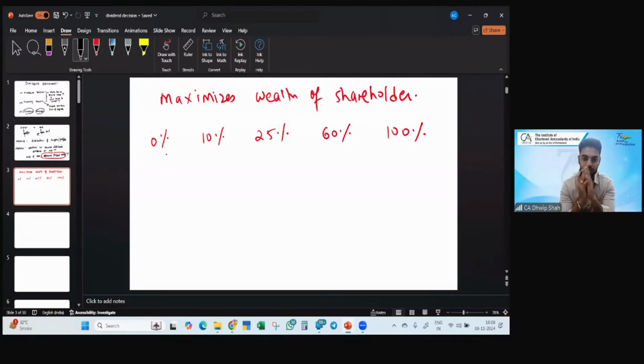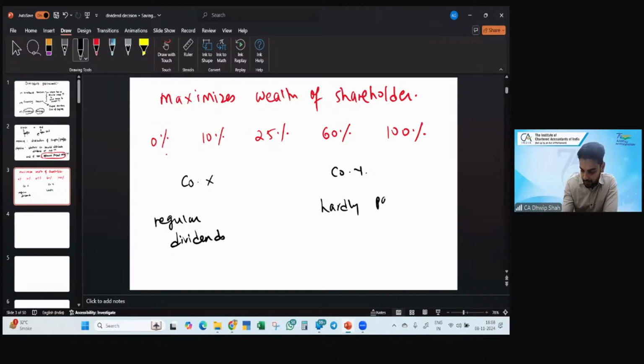Now let me ask you, what is your opinion as a layman or as a finance student? Let's say there are two companies, company X and company Y. Company X is paying regular dividends since its inception, whereas company Y hardly pays any dividend.